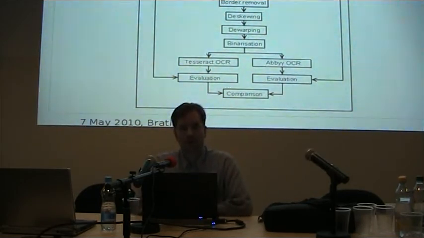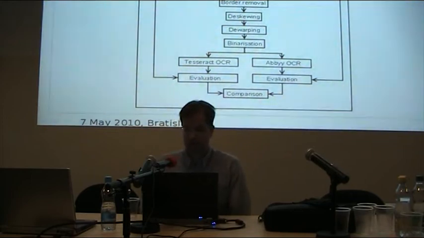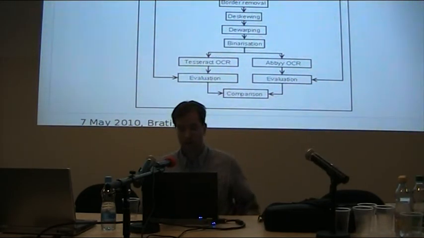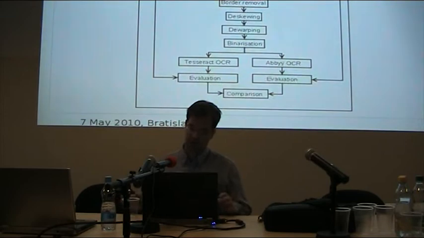To give you an idea of how we approach modularization, this is an example where we have a ground truth plain text file, so the corrected text, and on the other side we have the book or newspaper page image, where we build a workflow with our software modules, where we remove the border, de-skewing, de-warping, binarization, so different image enhancement steps. We pass them over to two different OCR engines.